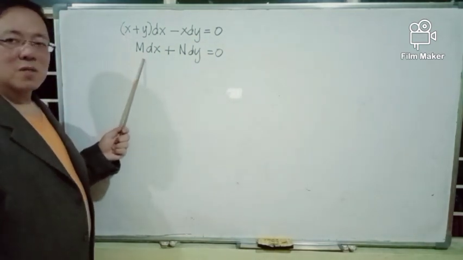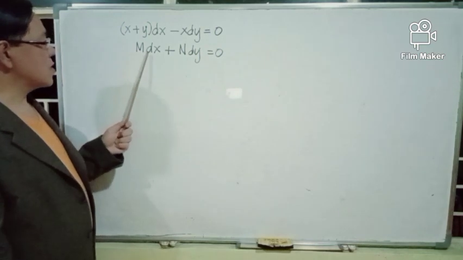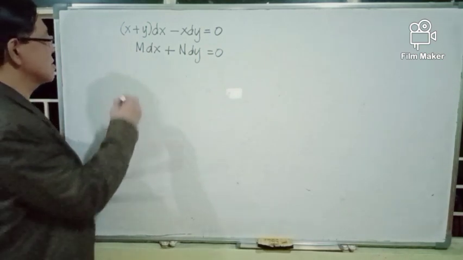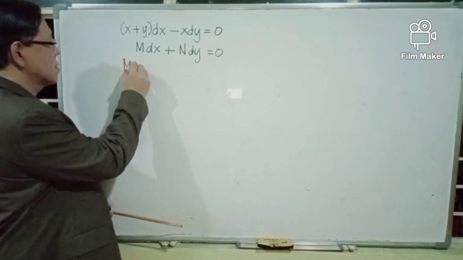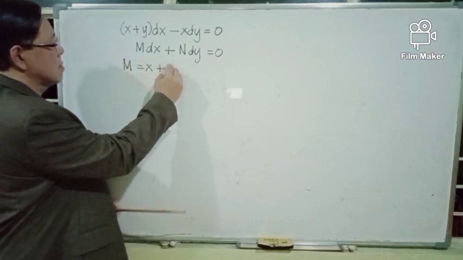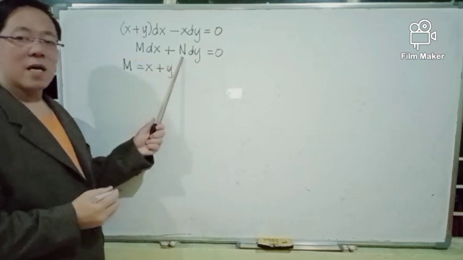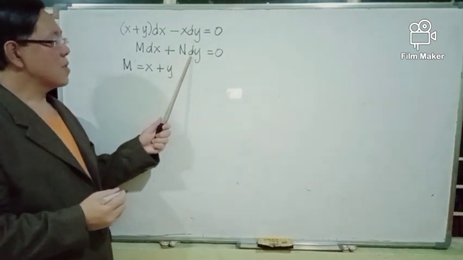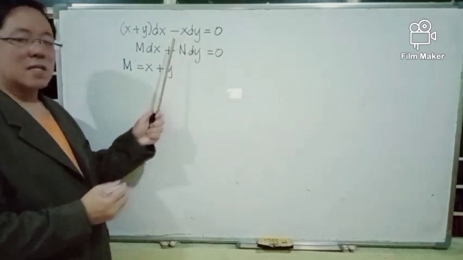Comparing these two equations, we see that M, the coefficient of dx, is x plus y, and the coefficient N of the differential of y is negative x.